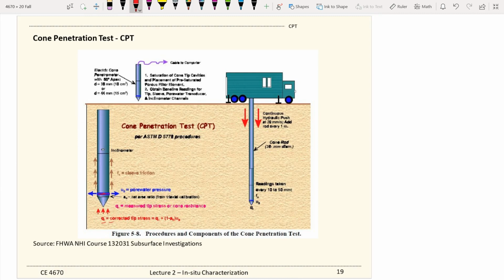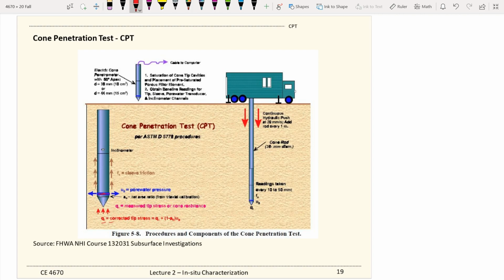And even more advanced are the seismic CPT, which may have more advanced geophysical parameters. You can measure shear wave velocity as the cone advances. So CPT is still a developing technology, and there will be more and more advancements to come.